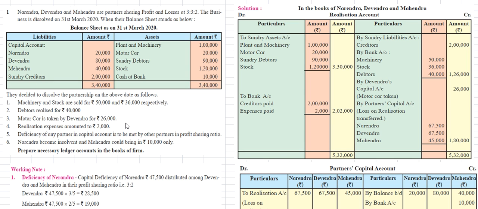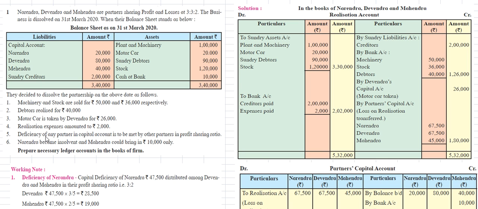When the firm is dissolving, some partners show interest in buying things, whichever of the firm's products are available. So the motor car is taken by Devendra for 26,000 rupees, and realization expenses amount to 2,000 rupees.